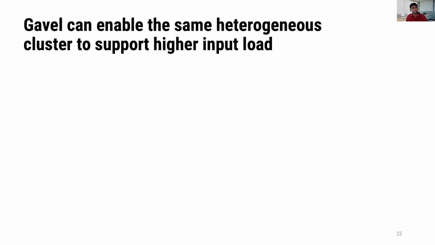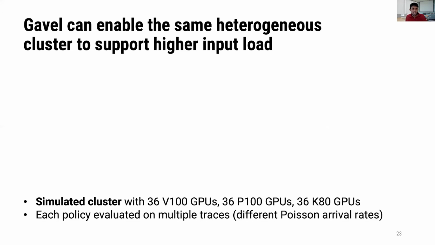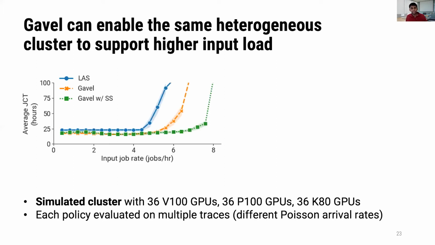We also wanted to study the impact of input load on final policy objectives. And so to do this, we ran some experiments on a simulated cluster with 108 GPUs. And we evaluated each policy on multiple traces with different Poisson arrival rates. In this graph, we show multiple points. Along the x-axis, we show the average input arrival rate.